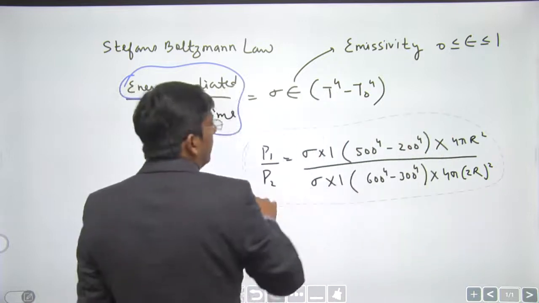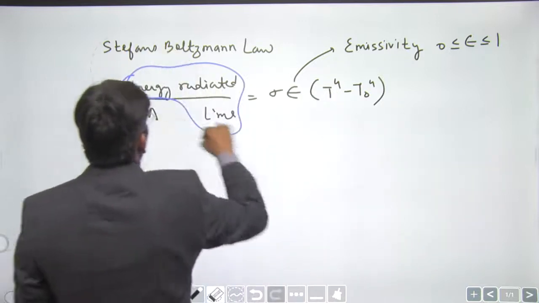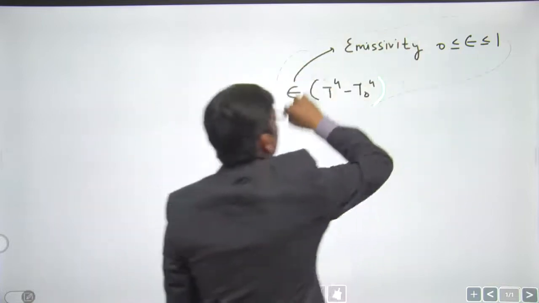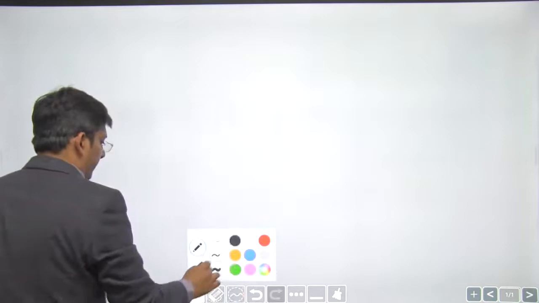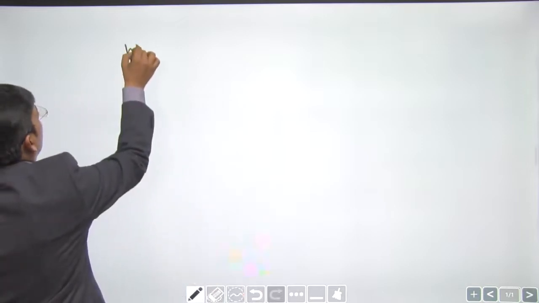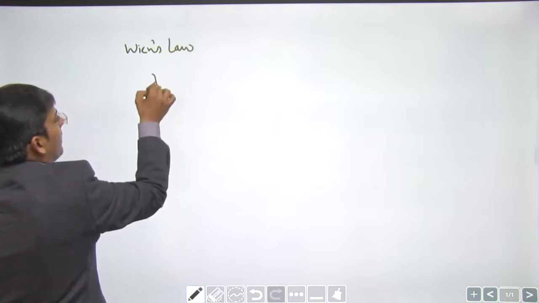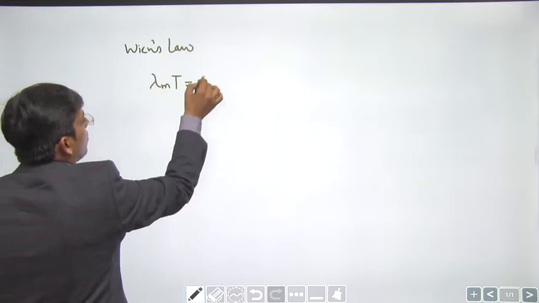Now we have one more law, that is Wien's law, which is lambda m into capital T equal to constant.